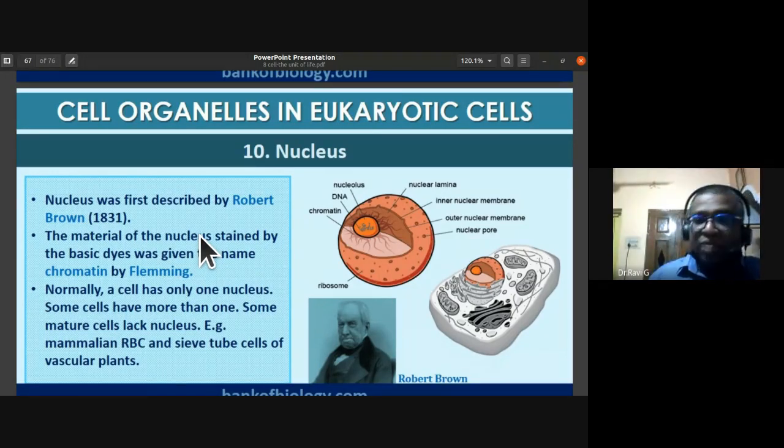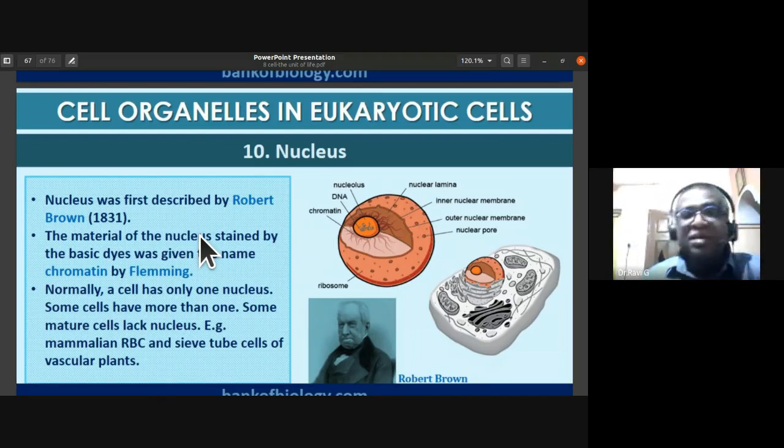Normally a cell has only one nucleus, but some have more, like Paramecium with its macronucleus and micronucleus. Some mature cells lack a nucleus, such as mammalian RBCs, except camel, and sieve tube cells of vascular plants. They are all enucleate cells.